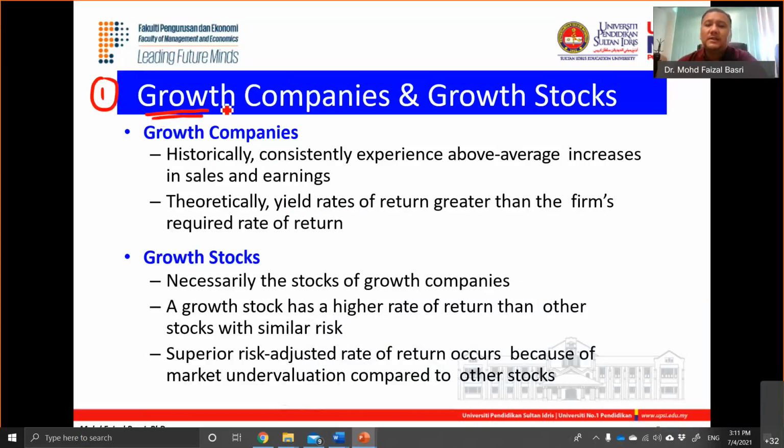Growth companies usually come from a list of companies which are considered new. Usually when we say new, they have limited historical record.